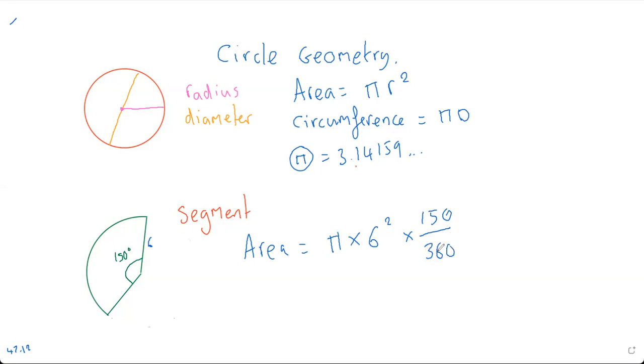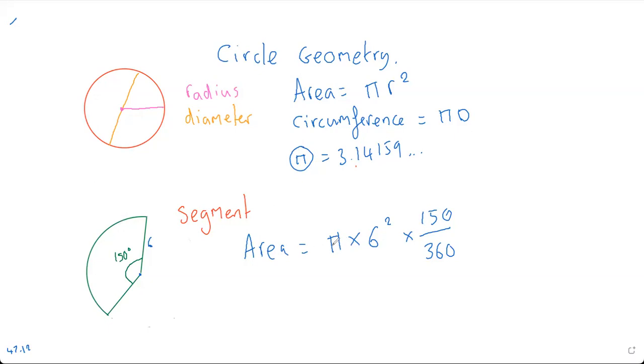It's because there are 360 degrees around the point of a center of a circle, and this segment is only 150 degrees worth of that. So if 360 degrees was the whole lot, 150 degrees is just this part. So this will give us the proportion of the circle that this segment is.